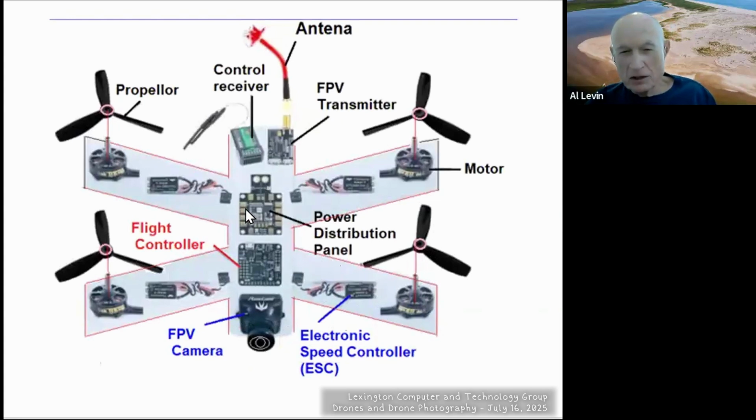That receives directions from a power distribution panel. The power distribution panel, in turn, is given instructions from the central flight controller, and this is the brain of the drone.